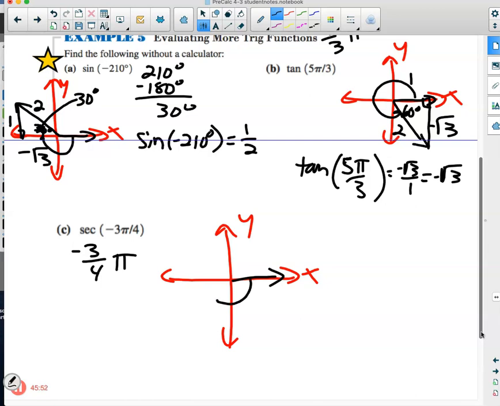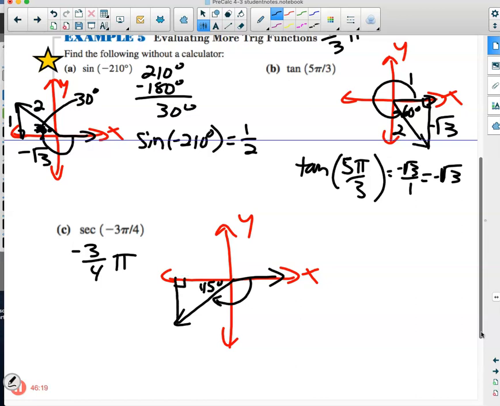I'm going 3/4 of the way. Well, then obviously that leaves me with 1/4 of the way. 1/4 pi. Let's see, so that would be 180 divided into fourths. Somebody tell me what that angle is. 45 degrees. Yeah, 45 degrees. Thank you.